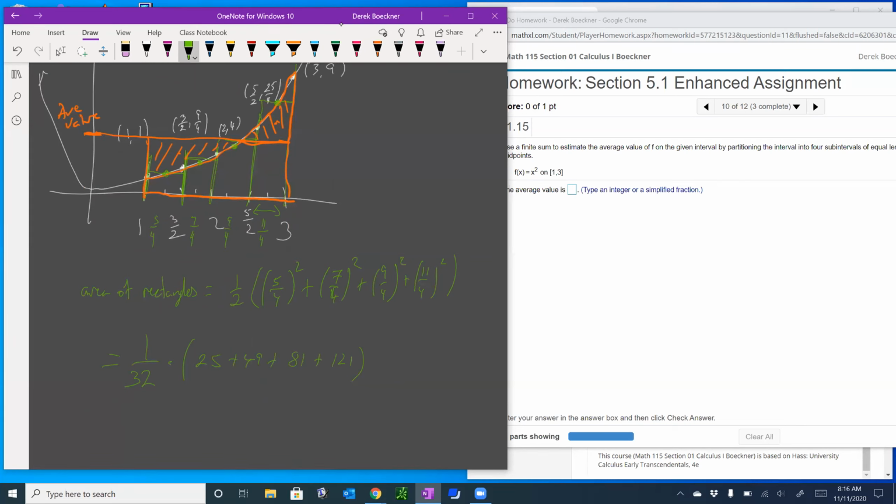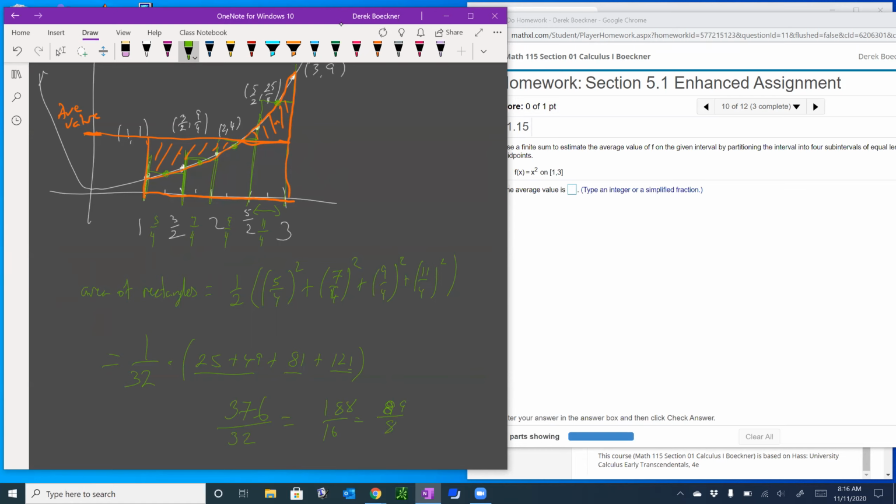Okay. 74, 75, 295, 376. Which looks like, well, 188 over 16, 89 over 8.